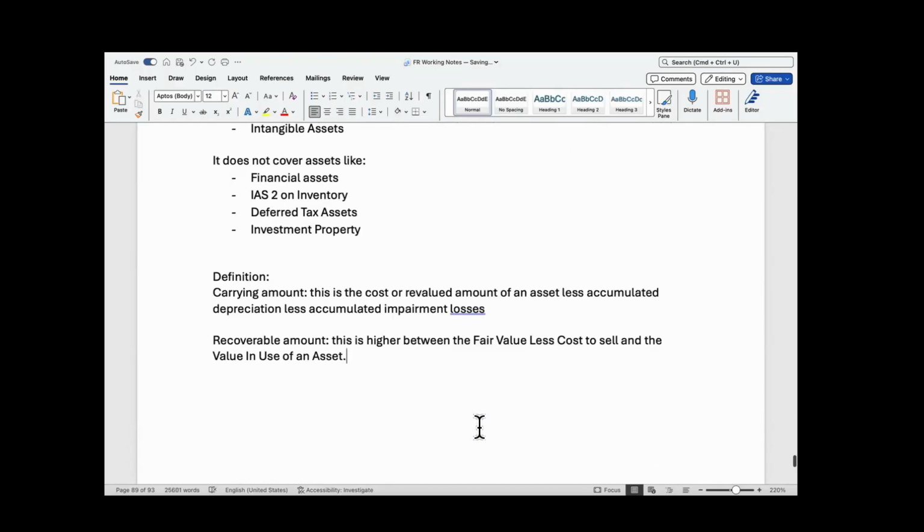Whatever is higher between the fair value less cost to sell and the value in use of an asset, that's what we call recoverable amount.